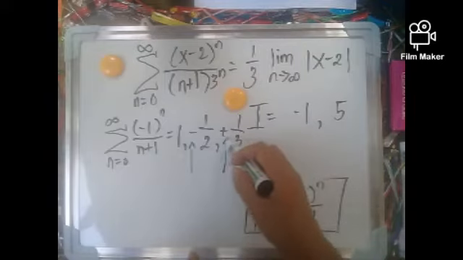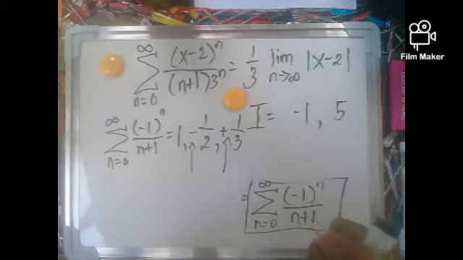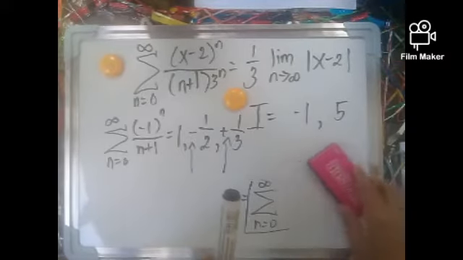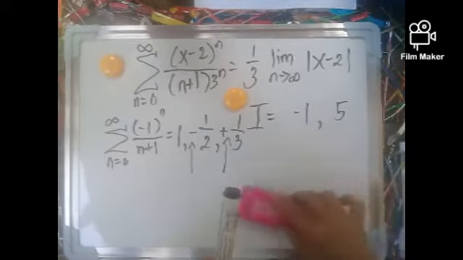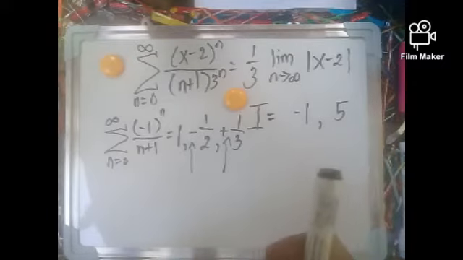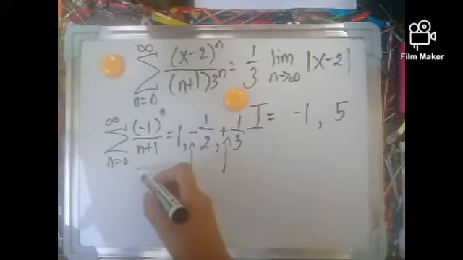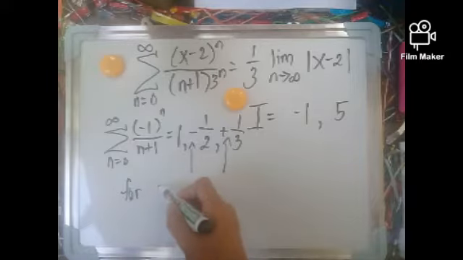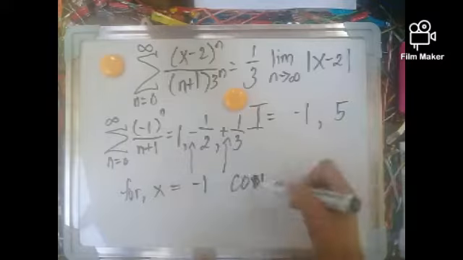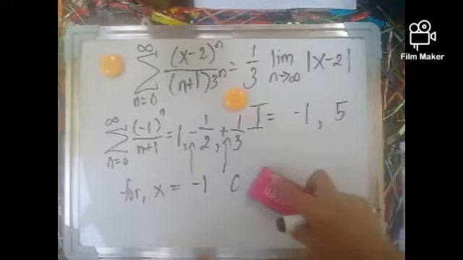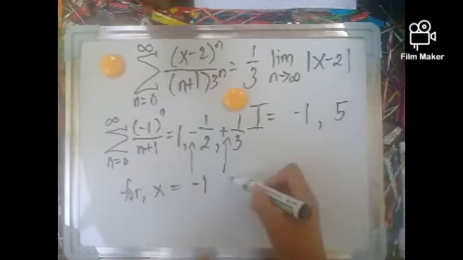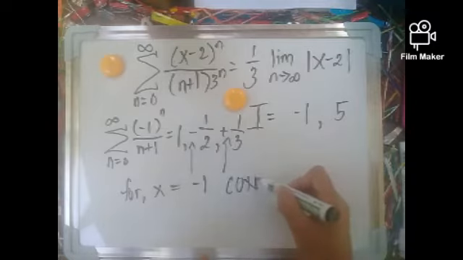So when we have an alternating series, we can say that for the value x is equal to negative 1, the series converges.